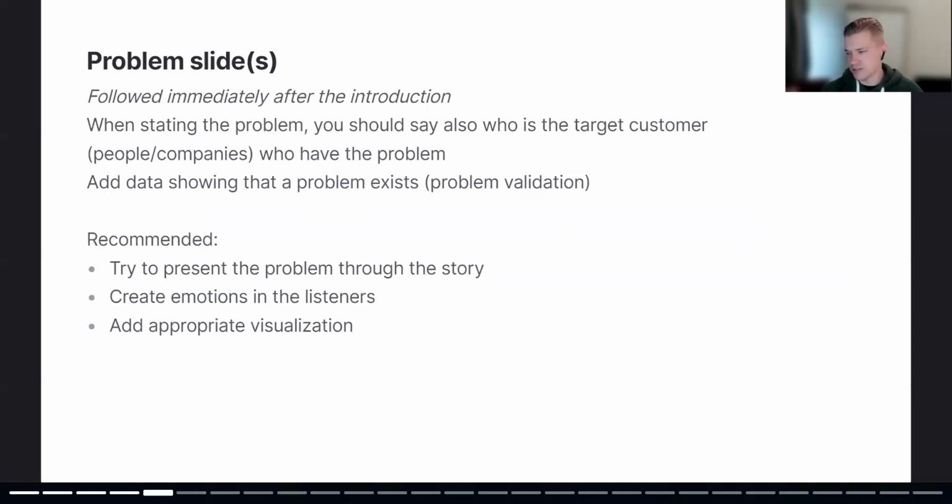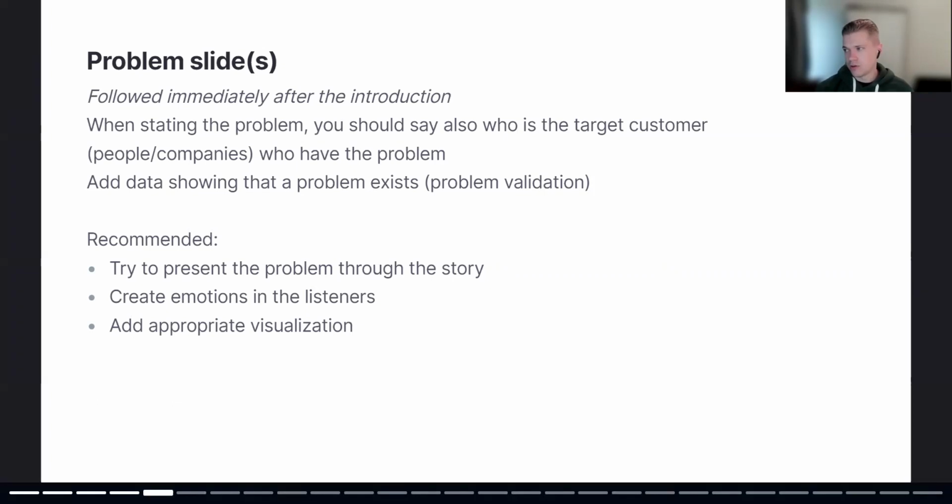And then, because it doesn't matter if it's 3 or 5 minutes, you go on to speak about the problem. And when you speak about the problem, you not only tell what the problem is, but you also mention who this problem is for. Try to be a bit more specific with your target customer.